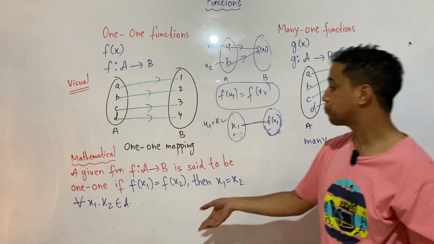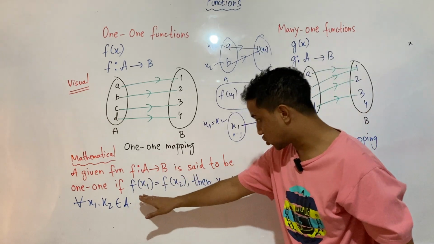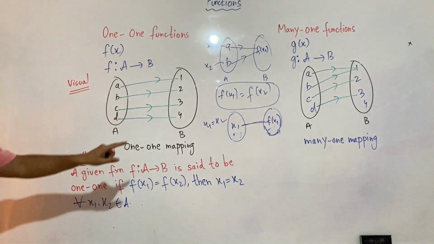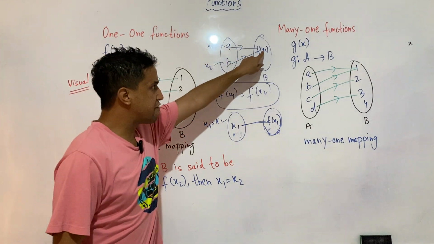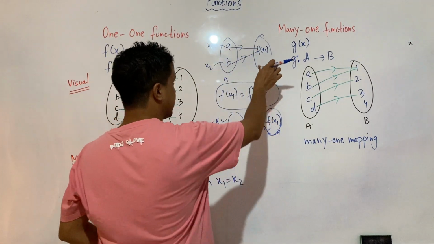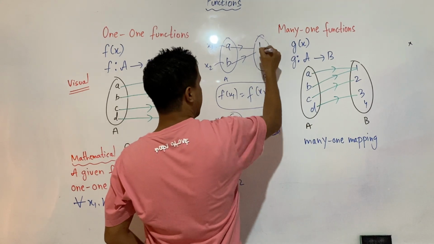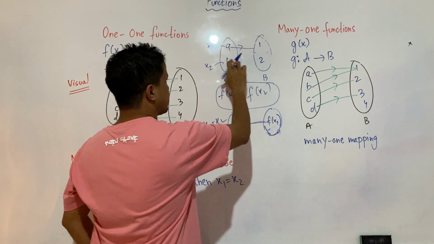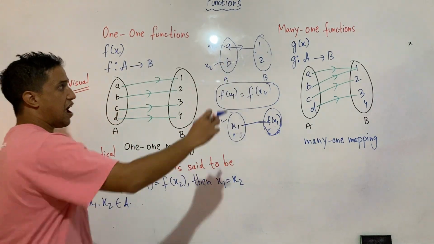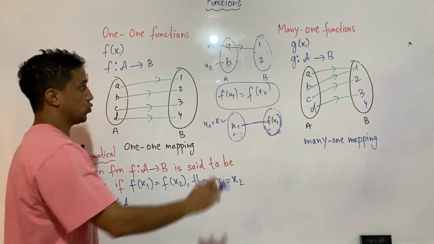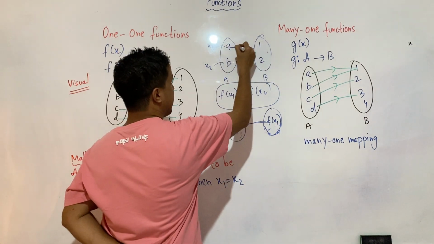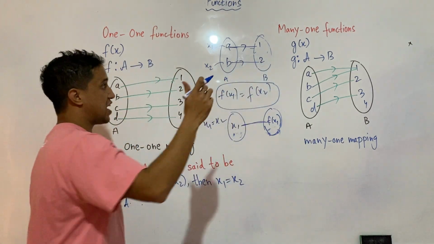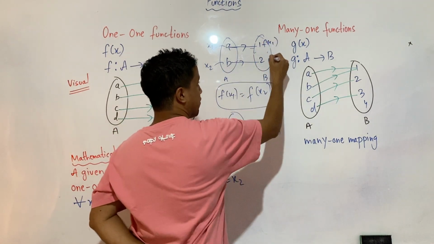It's saying that if your f(x1) is equal to f(x2), just use your mind and think: for example, here let's say that I have 1 and 2. So this is the scenario. Now a is related to 1, b is related to 2. This is f(x1) and this is f(x2).